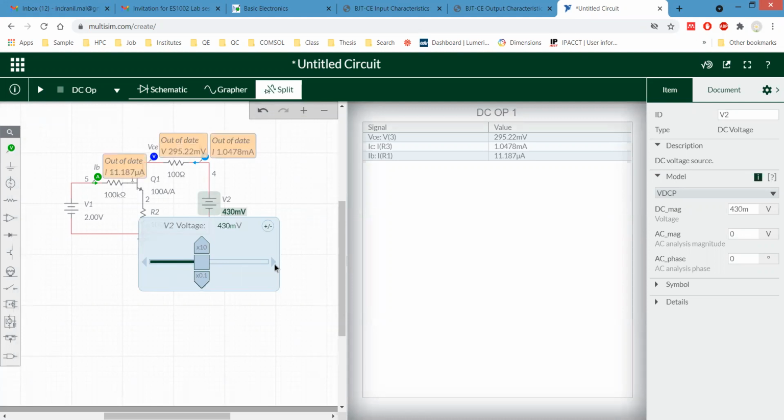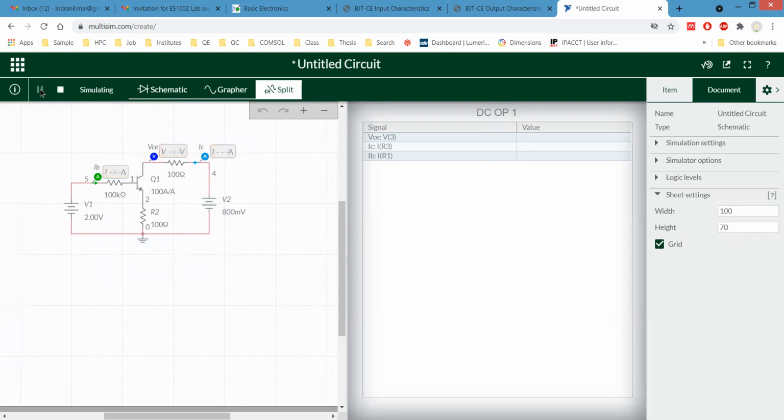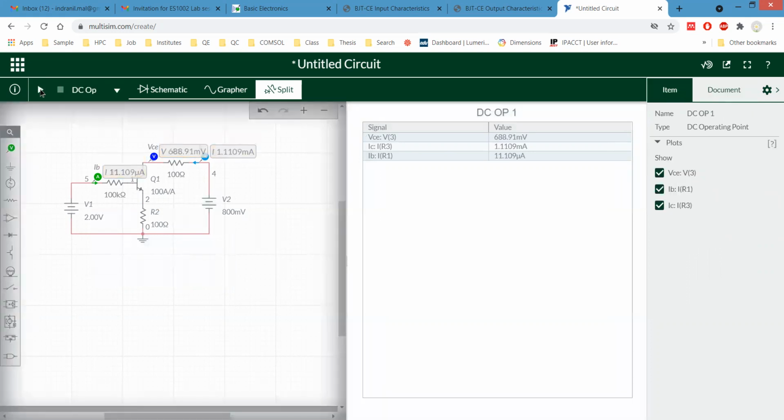Okay, now let's change 400 millivolt to 800 millivolts. For 800 millivolts, check the value. Please note down another set of data, that VC equals 0.68. Noted. Yeah, good.